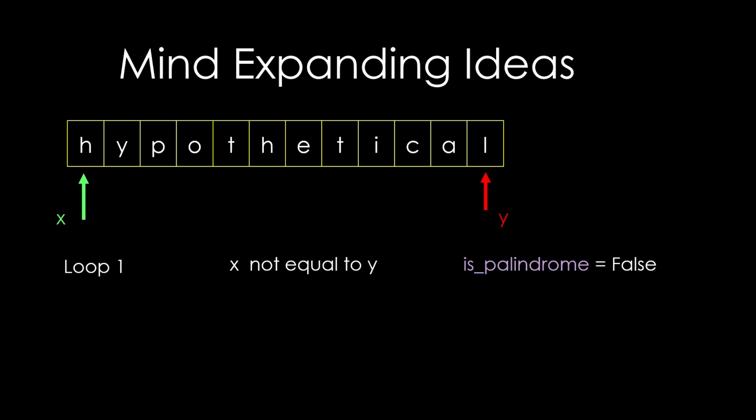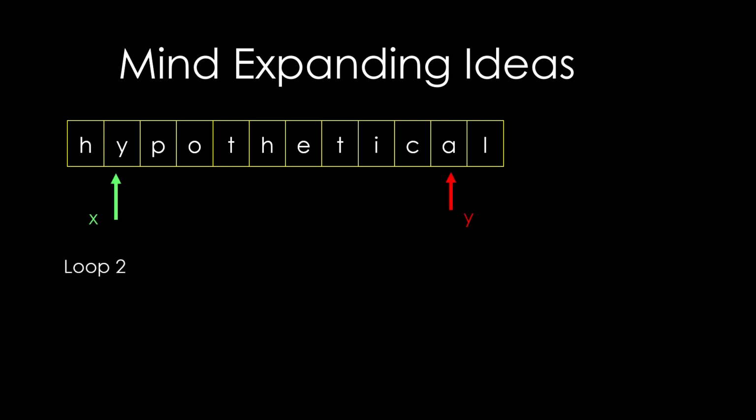Yet we would still iterate over all other characters before we finally print the correct result, which is hypothetical is not a palindrome. See, all these loops are not required. They are unnecessary, overwriting the same false value again and again.